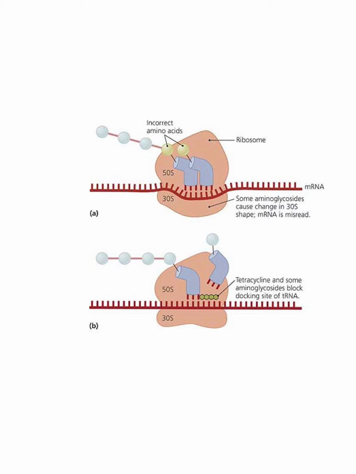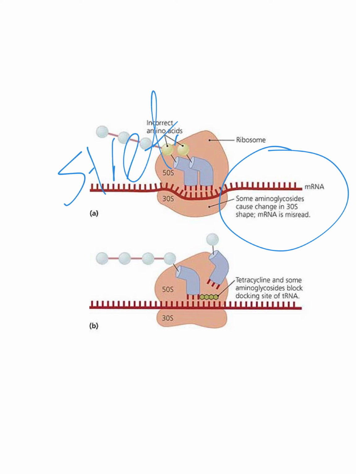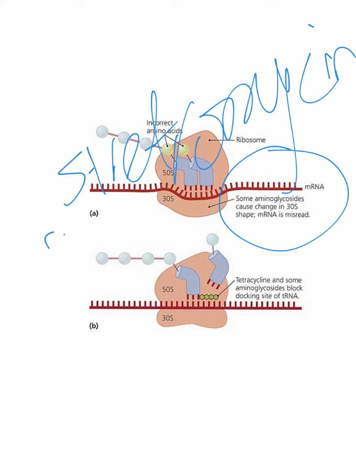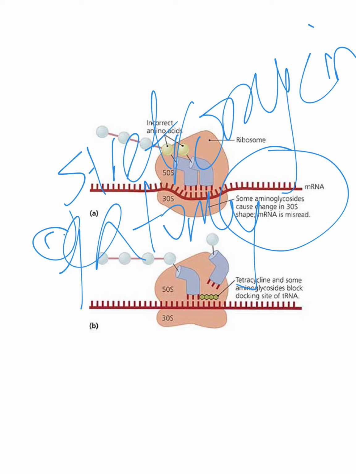Okay, so very quickly, we have two different classes of medications on here. The first are the aminoglycosides, and aminoglycosides generally change the shape of one of these subunits. So aminoglycosides like streptomycin, I'm just going to write it big, streptomycin, and also this is how messy my handwriting is, gentamicin, they directly change the shape of this 30S subunit here.